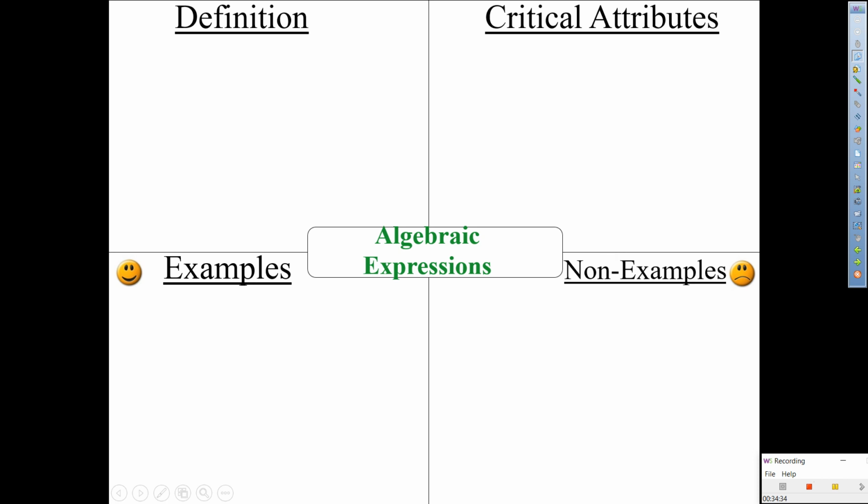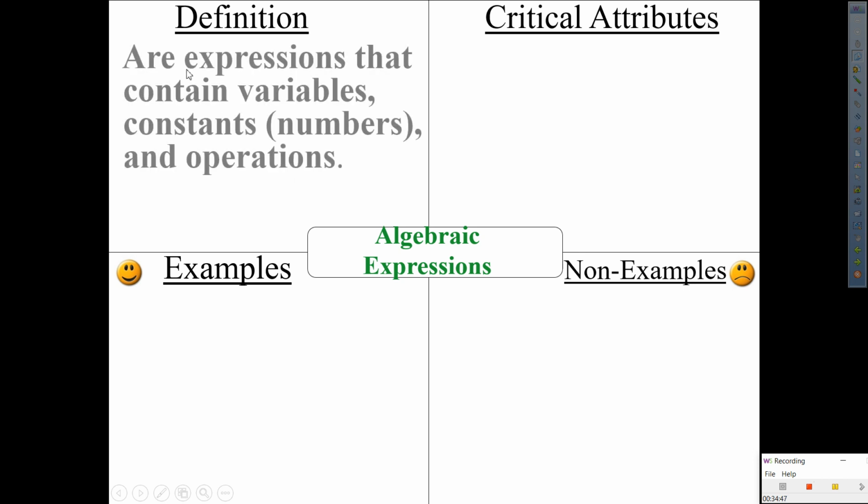So let's go to our Frayer model. We're almost done. So in your Frayer model, algebraic expressions, write that, the definition, please. Definition, expressions that contain variables, numbers, and operations. And the numbers by themselves are known as constants.